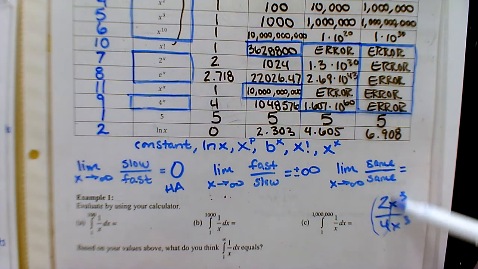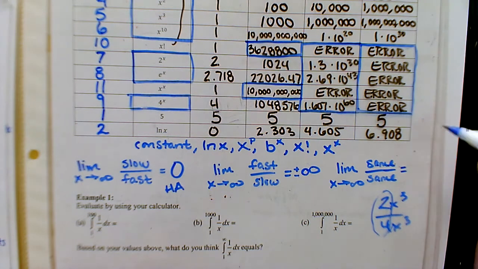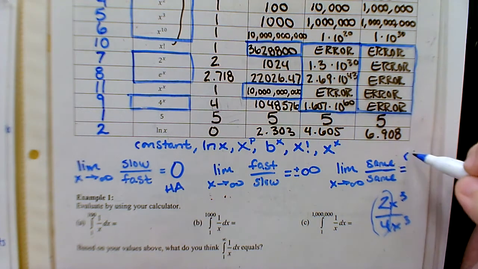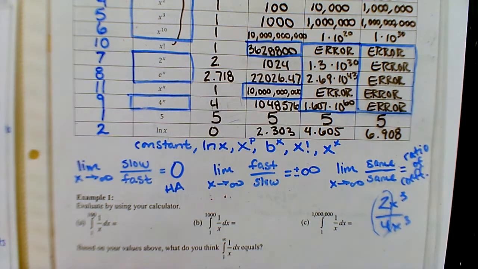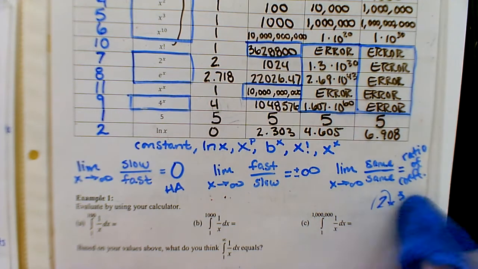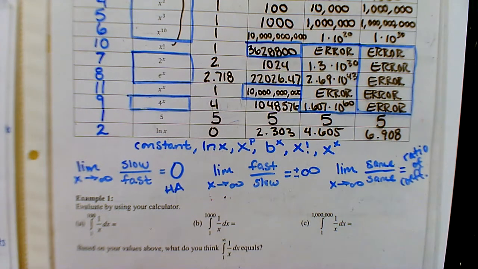You would take the ratio of those coefficients. I'm not sure if these are coming back to us a little bit in terms of horizontal asymptotes or not. I'm running out of room, but I'm going to say ratio of coefficients. That's just if you have the same growth rate, not the same type of function. Okay, the same growth rate.